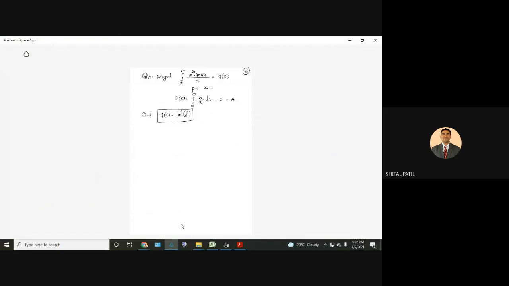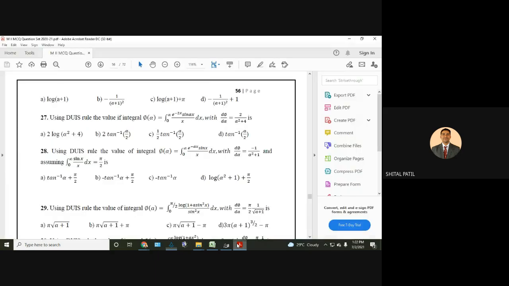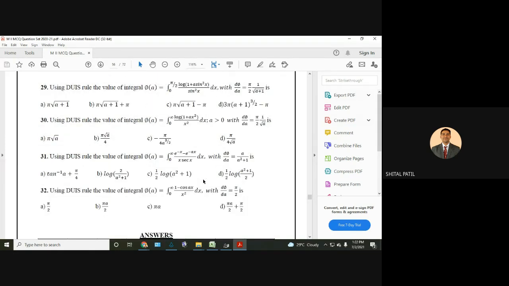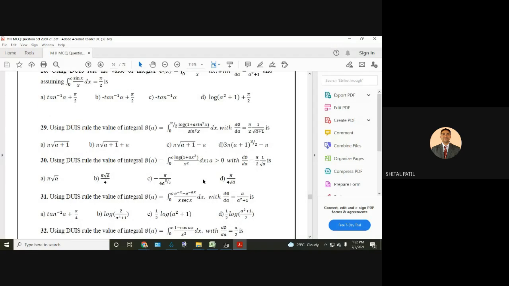We'll solve one more example of this type. We'll solve 29. Start with the differential equation.